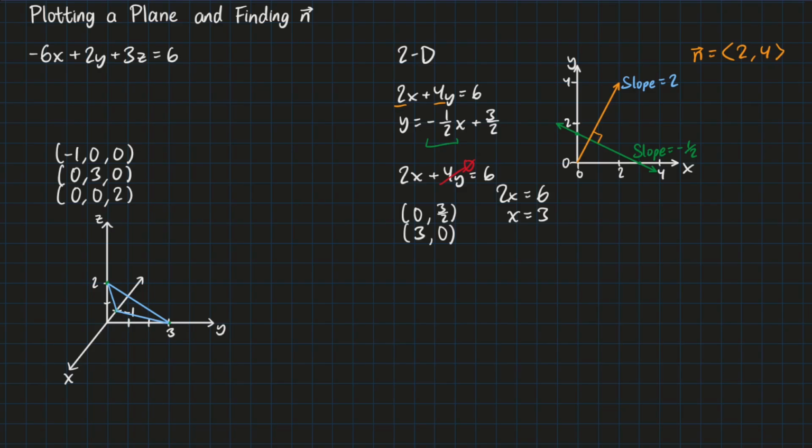So its normal vector that goes through it is the normal vector of the plane. And remember, to get the normal vector, we look at the coefficients in the standard form equation. Negative 6, 2, and 3. And that's basically it.